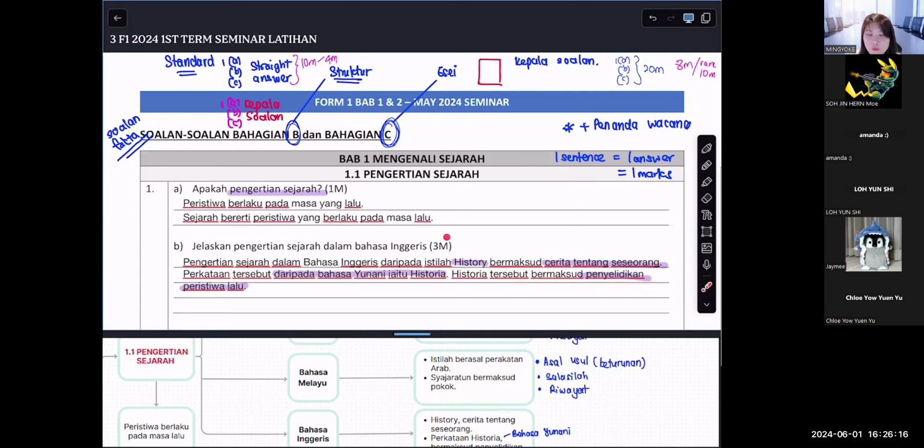Always remember, when they give you 3 marks, if you have enough points, you write 3 plus 1. The 1 is a backup. In case of a spelling error, or maybe you forget to full stop or whatever, you still have a backup. What if your backup is wrong? Never mind. If your backup is wrong, no marks.